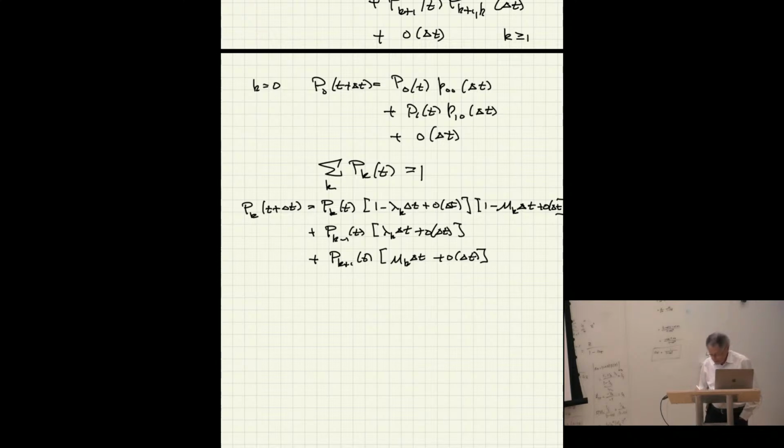And for the 0th term, p sub 0 of t plus delta t, I'll get a similar set of equations. I'll get p0 of t. This time just no probability of a birth, so it's 1 minus lambda sub 0 delta t plus little o of delta t.